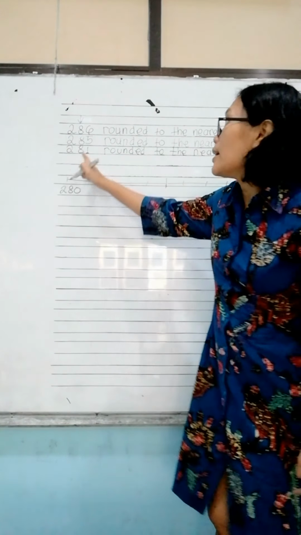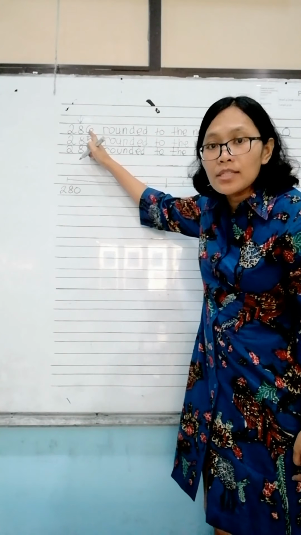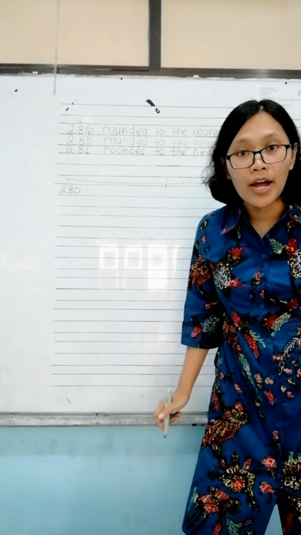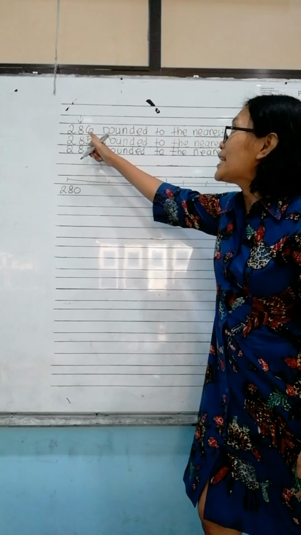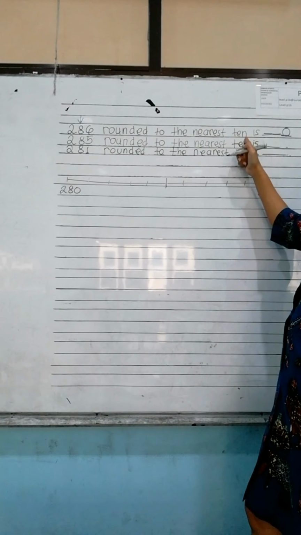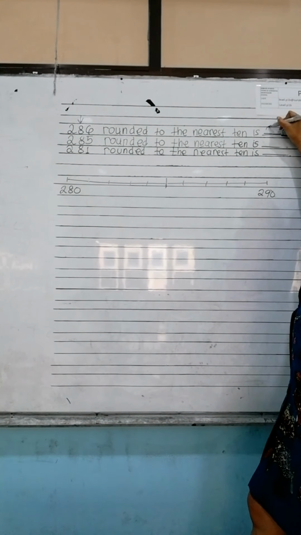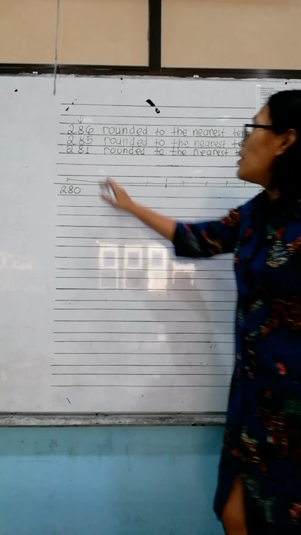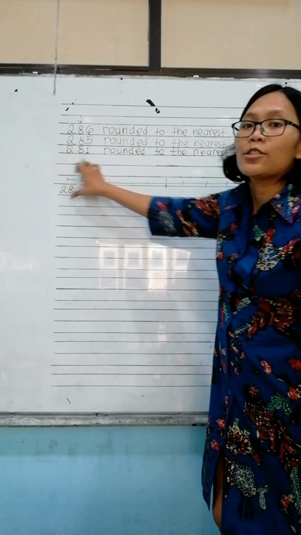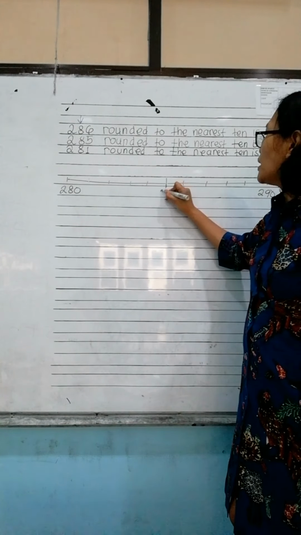You have to see the ones. If it is 5 or more than 5, you have to round it up. That is why 286, when you round it to the nearest 10, is 290.